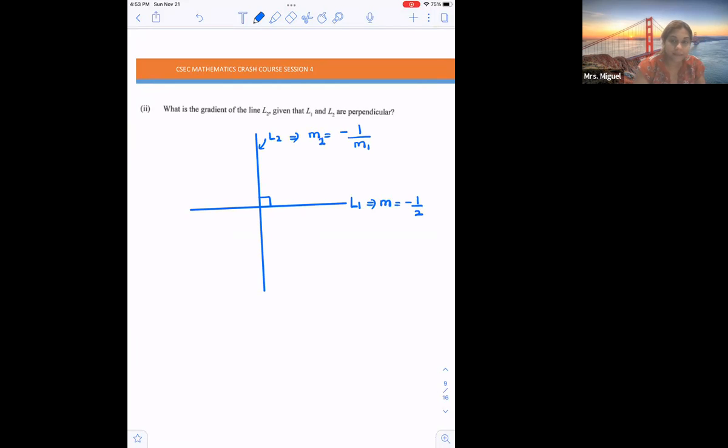So simply, we flip this fraction, so it becomes 2/1. It was negative, and we change the sign. So the gradient of L2 is 2. We flip the fraction, and we change the sign. Any questions so far?